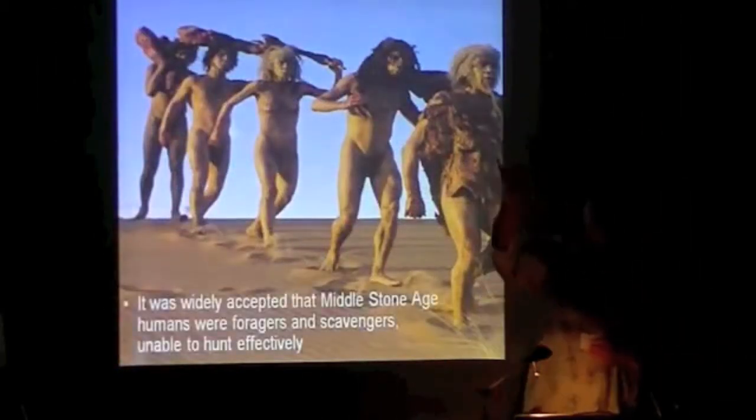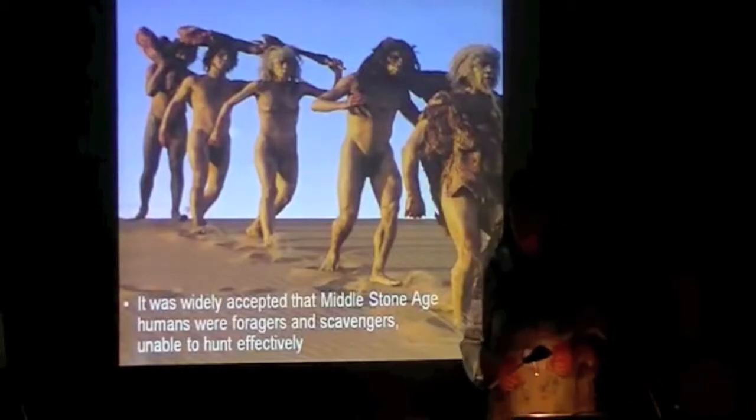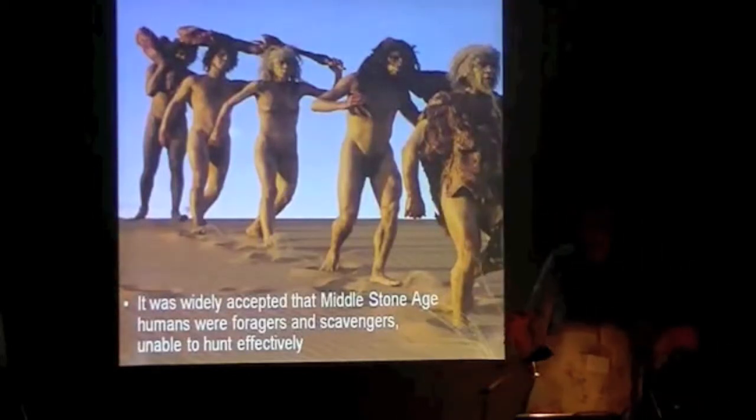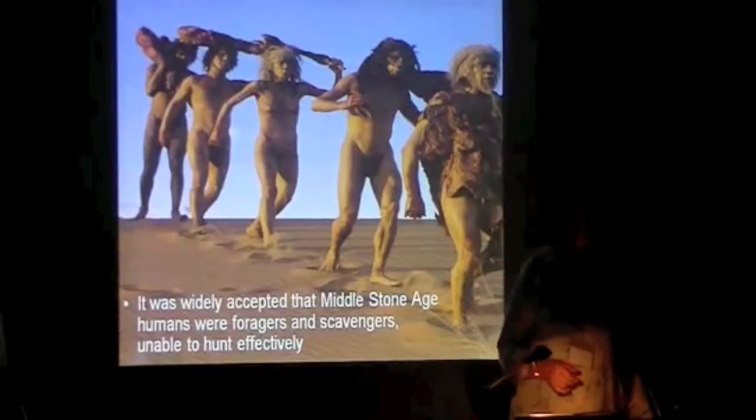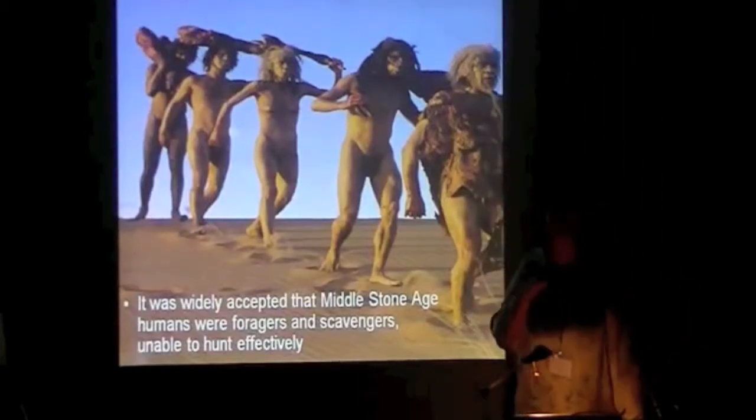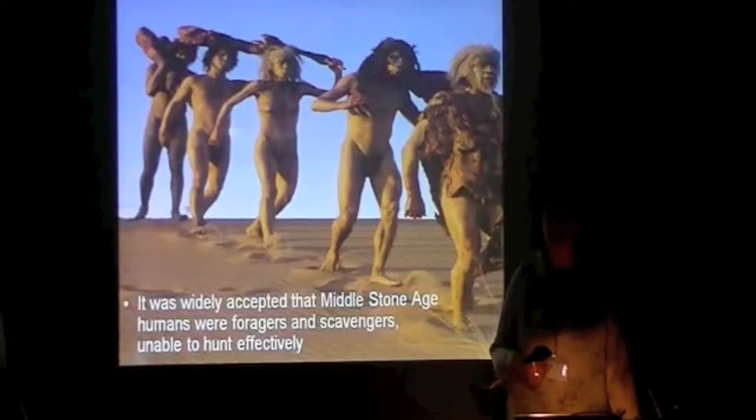Now, when I started out on my journey about 10 years ago or so, it was still widely accepted that Middle Stone Age humans were foragers and scavengers unable to hunt effectively, and you have the same situation in Europe with the Neanderthals.